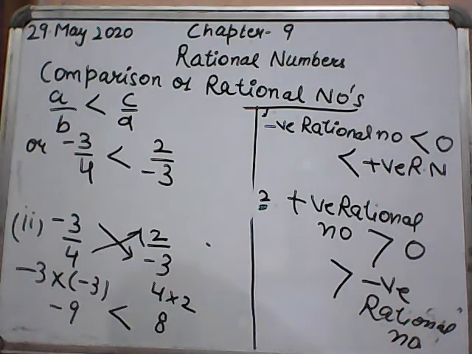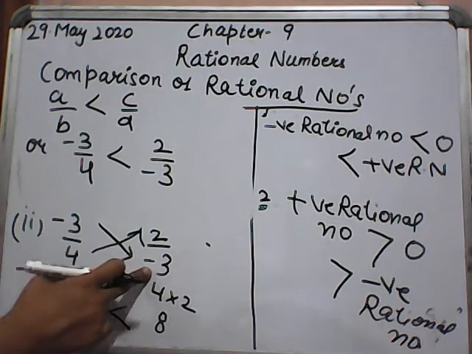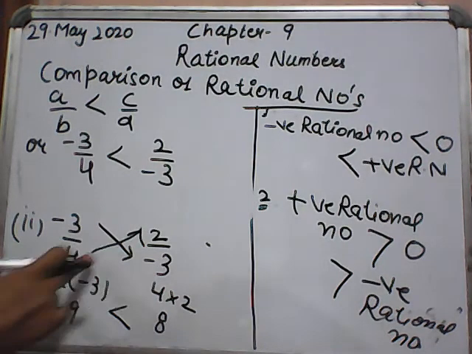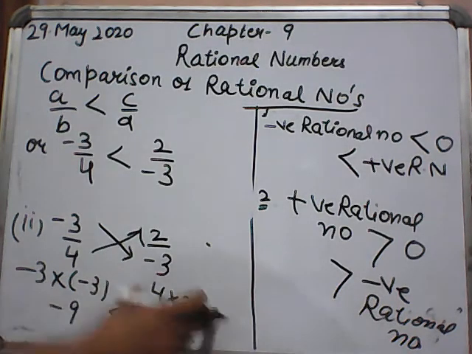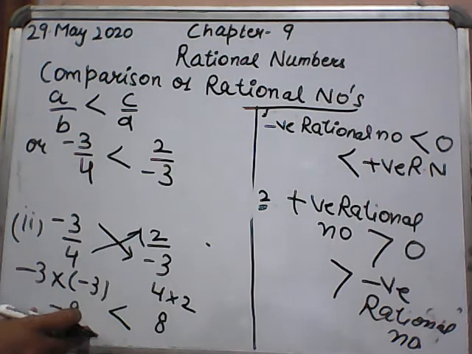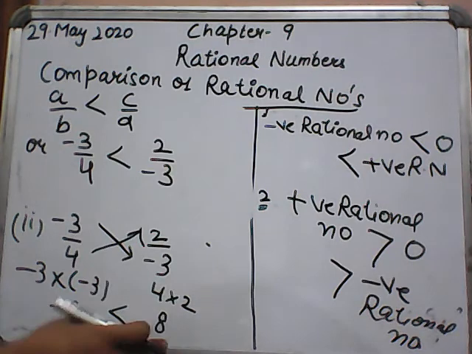In this way, by applying the cross multiplying method, you can compare two rational numbers. Minus 3 is multiplied by minus 3, and 2 is multiplied by 4. If this product is minus 9 and this product is 8, minus 9 lies to the left of 8, so minus 9 is less than 8.